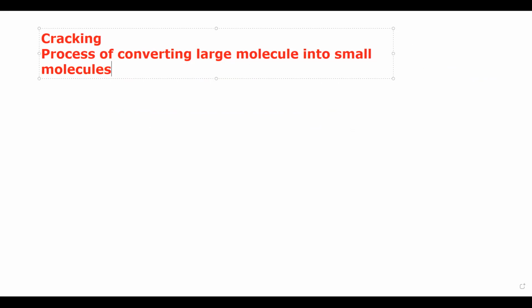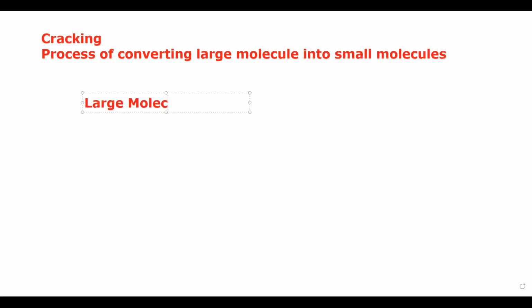So what could be the products? If we have a large molecule, there are two possible products. What might be one of the products? It might produce alkane, with all carbon atoms joined by single bonds, and alkene. This is one possibility.